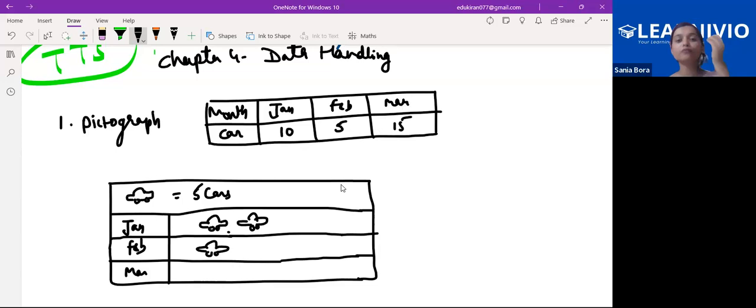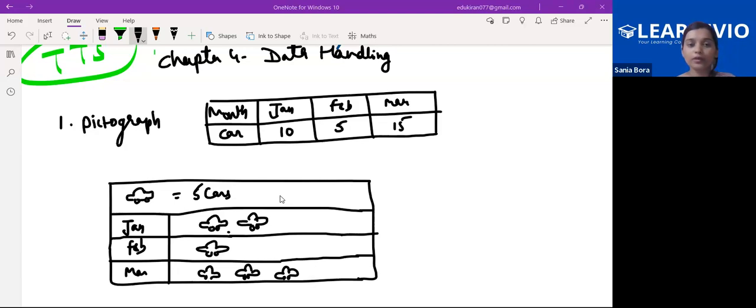So 5, 10, 15. How many cars should I draw here? 3 cars. Got it? Yes, ma'am. So this is how we draw the pictograph. Done, everybody? Got it?